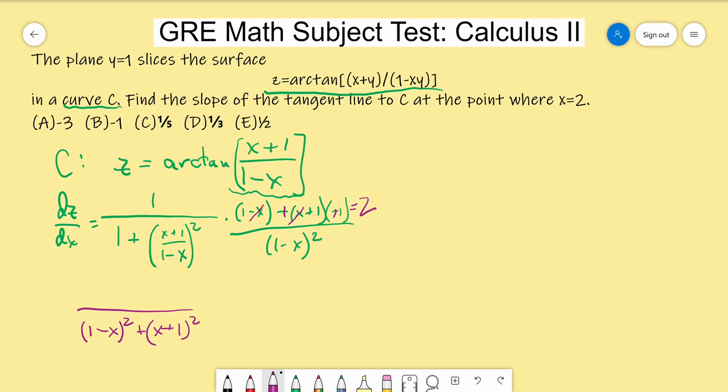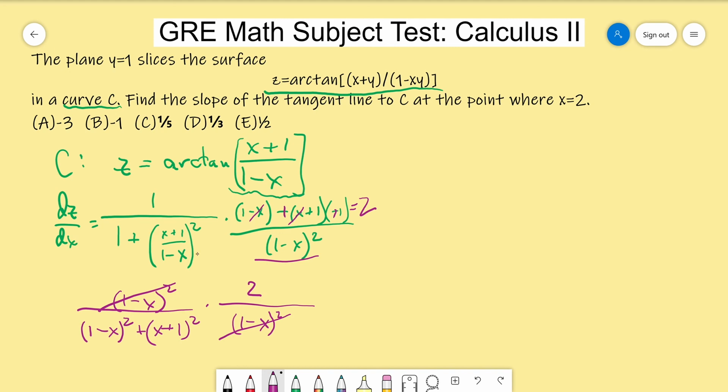The denominator of the denominator is like the numerator. So we can put that up here, which is good because it's going to cancel out with the (1 minus x) squared that came from over here. I'm not going to simplify more because this is pretty good.